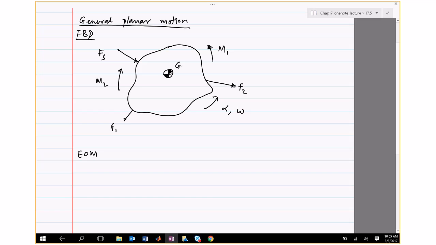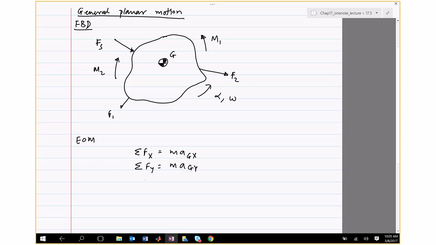There are three equations of motion for planar motion of rigid bodies. The first one is the net force in the x direction is mass times acceleration in the x direction. Specifically, this is acceleration of the center of mass. Fy is mass times acceleration of the center of mass in the y direction. And the third equation comes if you take the moment about any point.